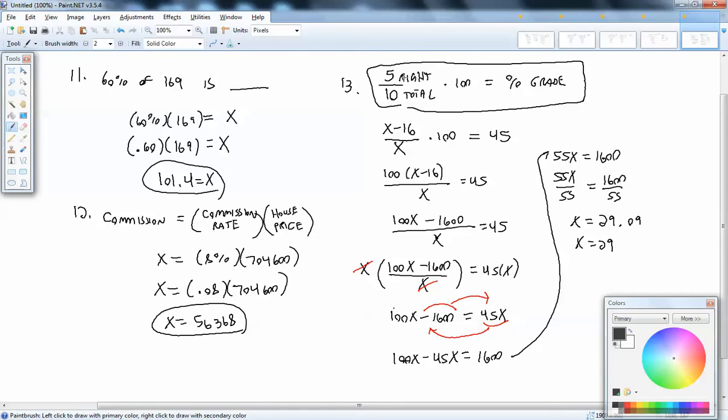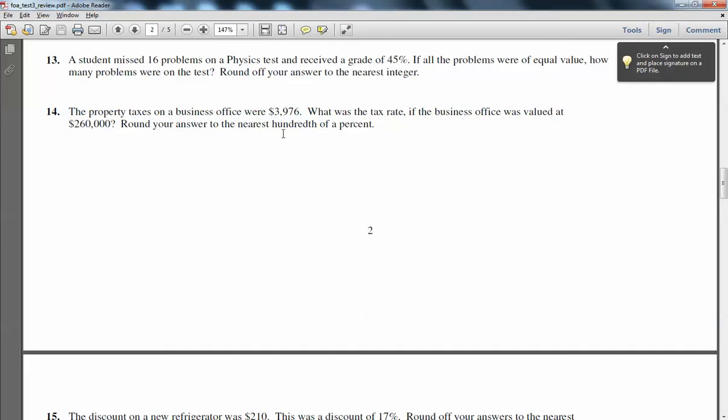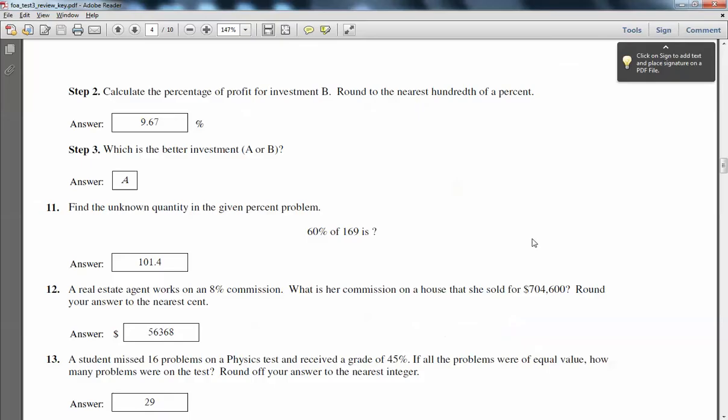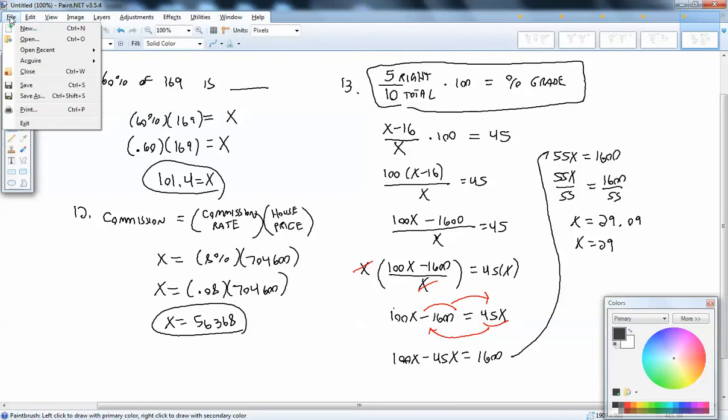If I think of this percent as right over the total times 100, and I put 29 in both places, 29 minus 16 is 13, divided by my total, which is 29, times 100, is 44.827. Probably if I had read it, it said to round off your answer to the nearest integer, so they're implying that you do get decimals. Okay, I feel better now. Let me go check the answer though. Yeah, 29. That one wasn't very easy.